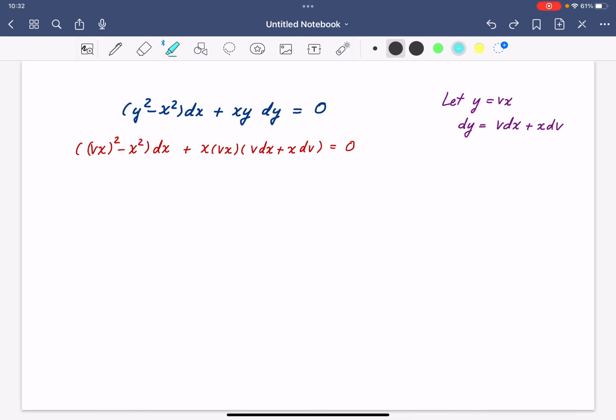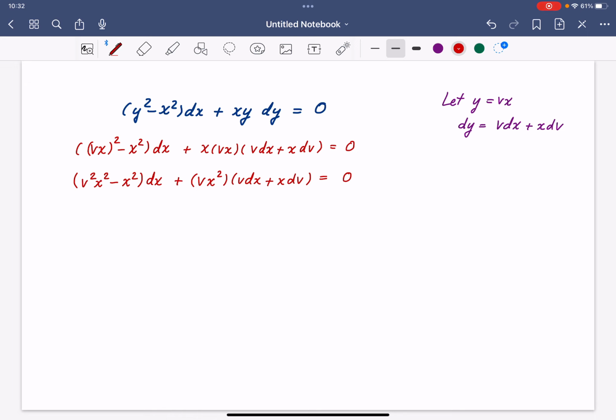And then now you simplify it, so you get v squared x squared minus x squared dx, and then plus vx squared times (v dx plus x dv). You hope that something cancels out, or something is good for you to simplify until you get a separable equation.